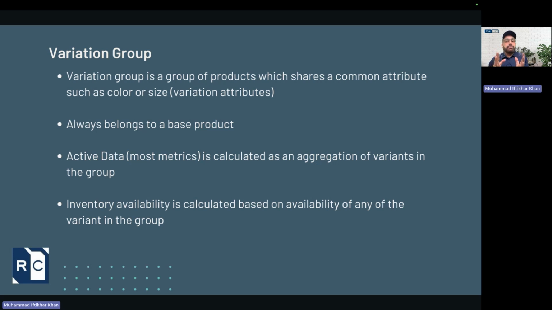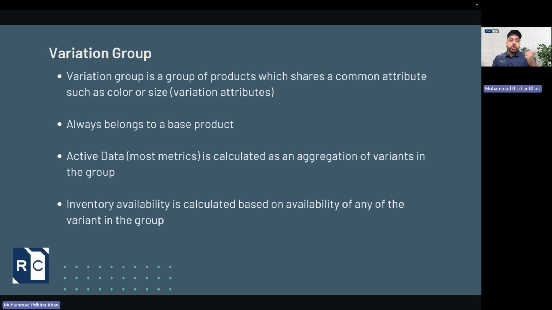If you have multiple colors and multiple sizes, you can create a group based on a color value, like red or blue or black. All sizes of black color can create a group, all sizes of blue color can create another group, and all sizes of red color can create another group.